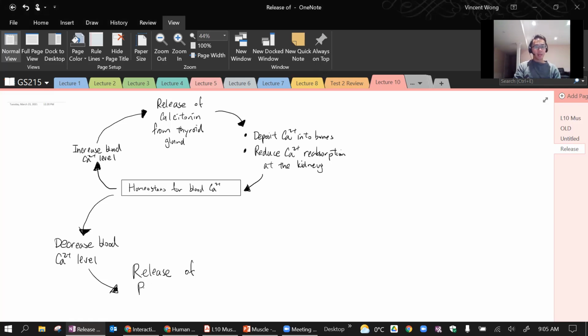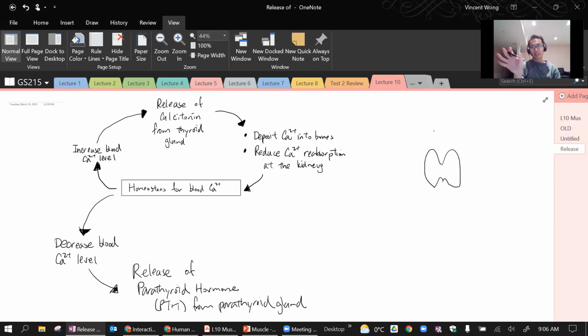Release of parathyroid hormone, okay, which is PTH, from the parathyroid gland. Okay, so the thyroid gland, if you look at it from the front, it's going to look kind of like a butterfly or heart shape.